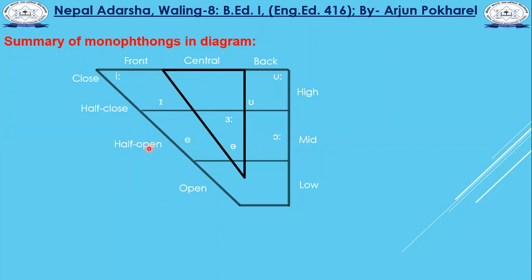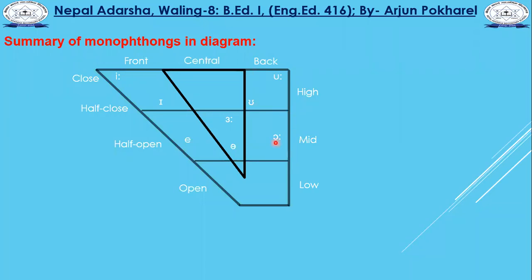According to the British classification, these three are half open vowels. Now, according to American phoneticians, these four are what? They are mid vowels. On the basis of the height of the tongue, they are mid vowels.